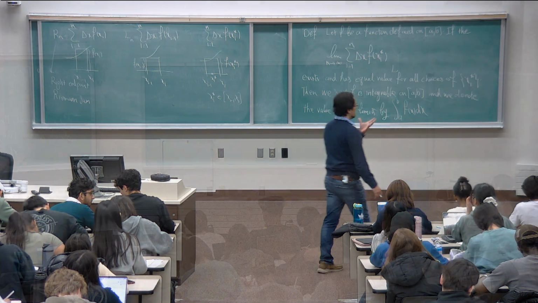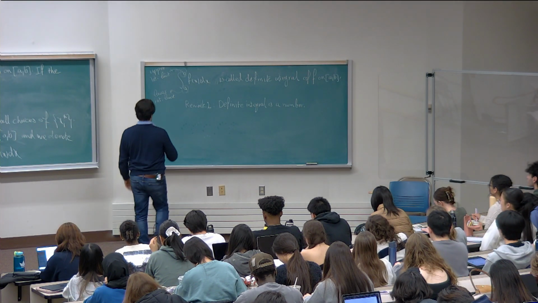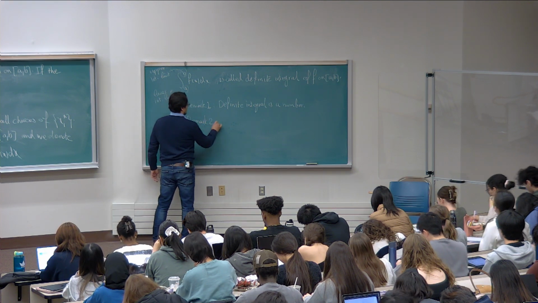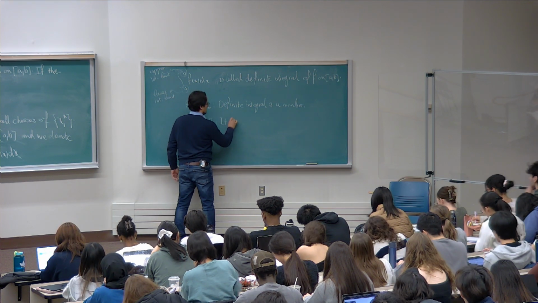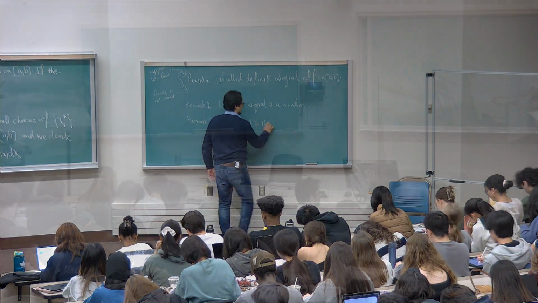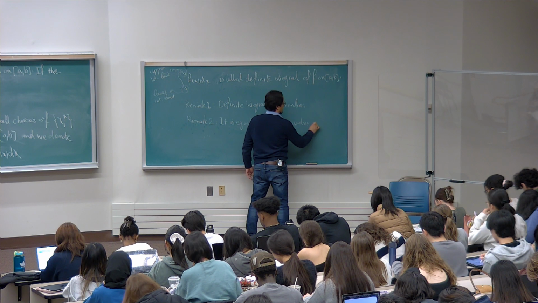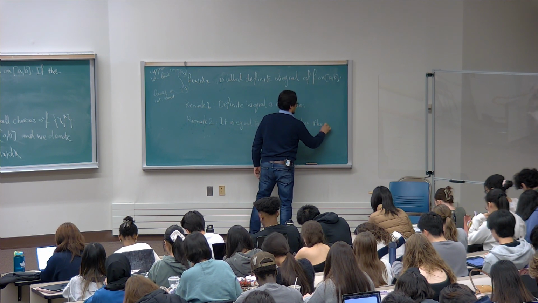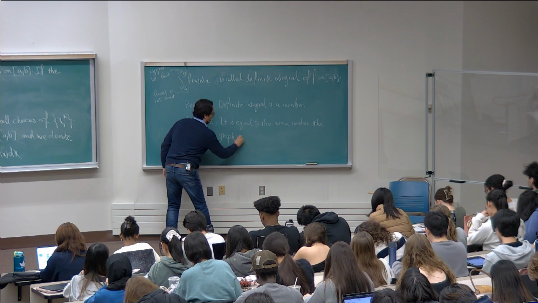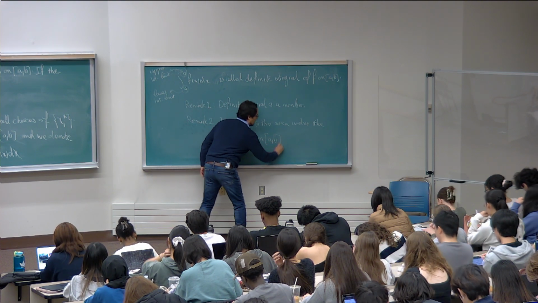Here, this is only one number. Two, it is equal to the area under the graph of f on interval AB.